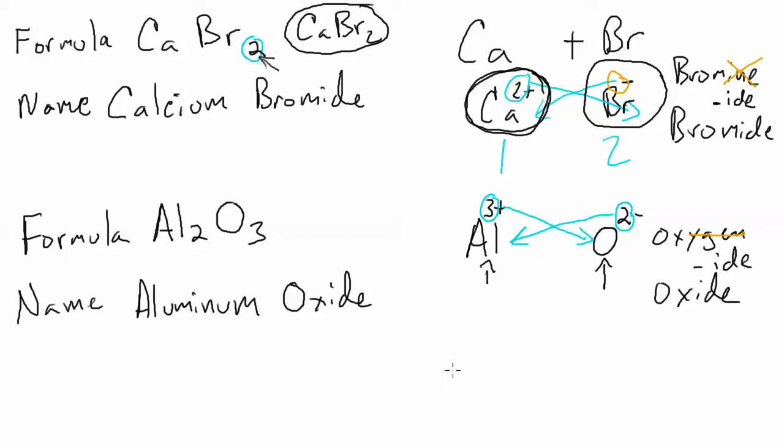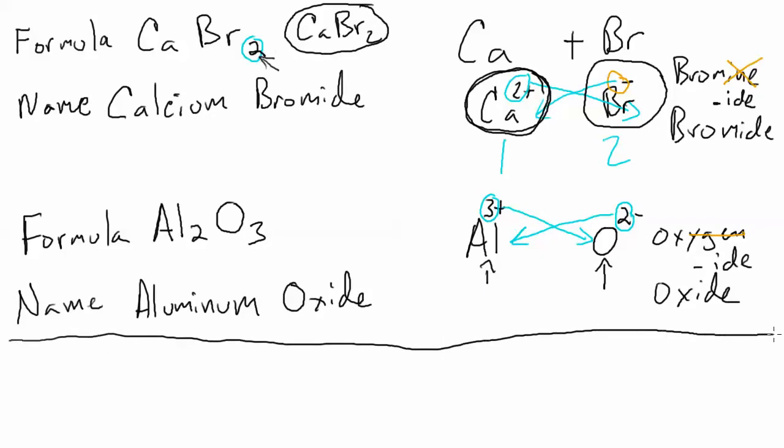But there can be sometimes one more thing that might confuse you, that complicates it a little bit, and that's because not all ions are made up of just one atom. There are actually ions that are made up of many atoms, and so their name is polyatomic ions.